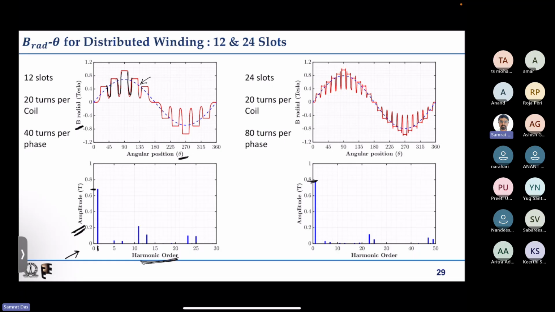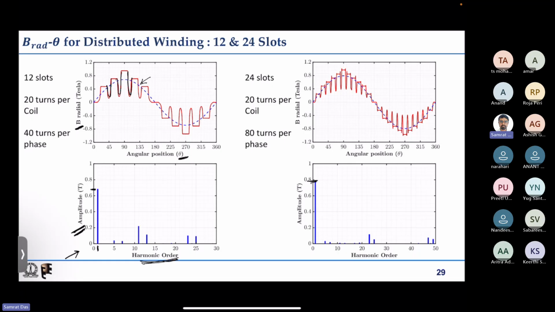So earlier we had these harmonic amplitudes quite high, but now we have lower harmonic magnitudes. And that is the advantage that we get with going for higher slots. You can understand that this advantage we can only gain for distributed winding. We cannot have that option for concentrated winding.